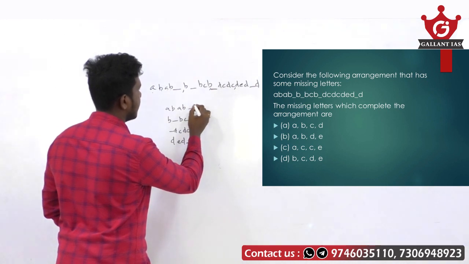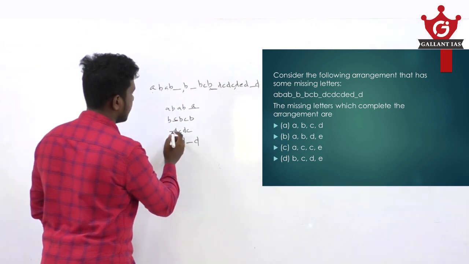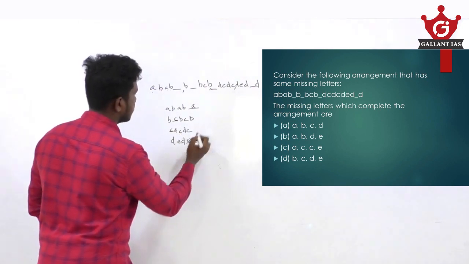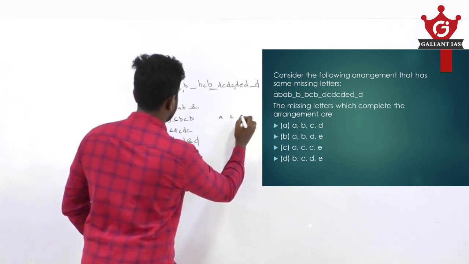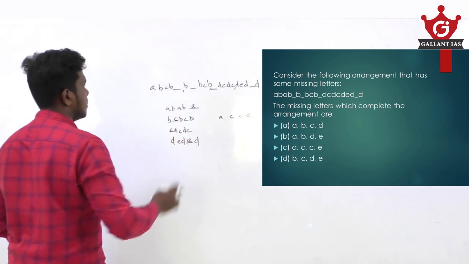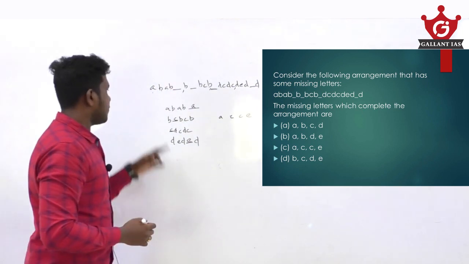What will be here? A, right? B C B, and here it will be CD CDC DE. So the missing term is A C C E. So our answer is C, A C C E.